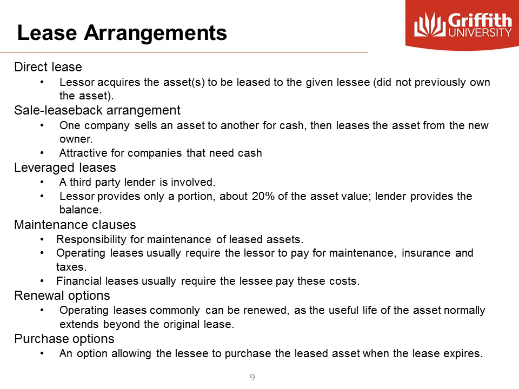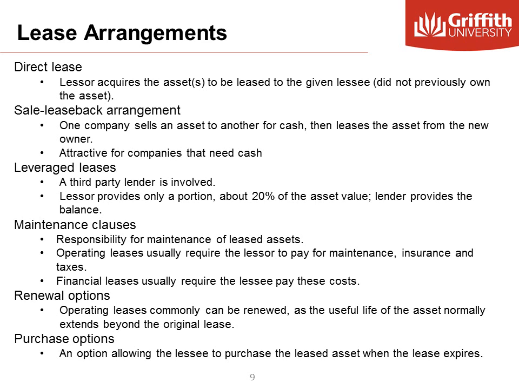There are various lease arrangements that can be agreed on when entering a contract, which depend on the desire of the prospective lessors. Direct leases, when the lessor acquires the assets to be leased by the lessee who did not previously own the asset. So the lessee has a say in what asset they want.